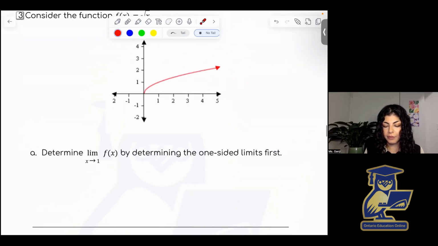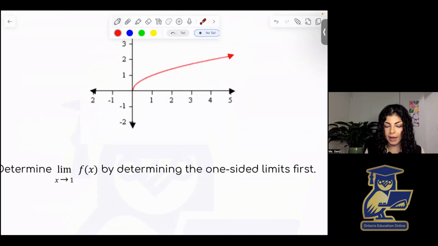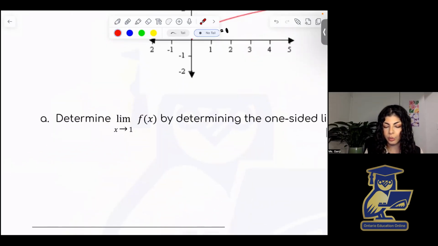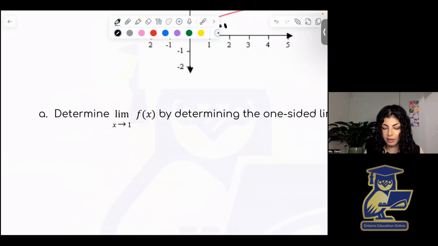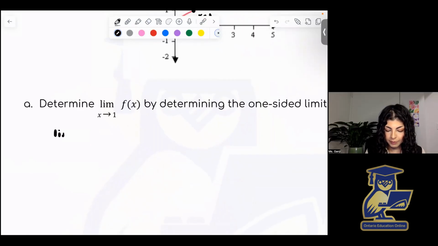So just looking at it from the graph first, we see that we have our point x is 1 here. From the right-hand side, I am getting closer to 1, and the same with the left-hand side. And we can actually write this: the limit as x approaches 1 from the right of, and here I can just write square root of x as my function, or you can write f of x, it doesn't matter.